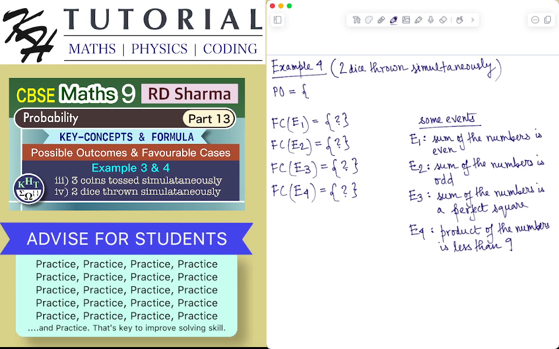Since there are 6 sides numbered 1 to 6, the first die can show any number from 1 to 6, so there are 6 possibilities, and the second die can also show any number from 1 to 6. So there are a total of 36 possibilities.